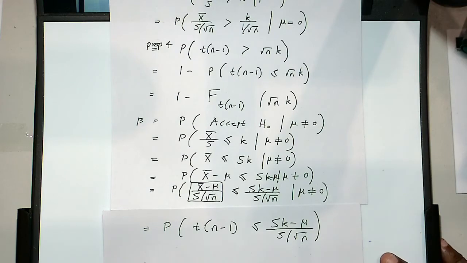And finally, this will be the CDF of a t variable with n minus 1 degrees of freedom at (sk minus mu) divided by s over root n.